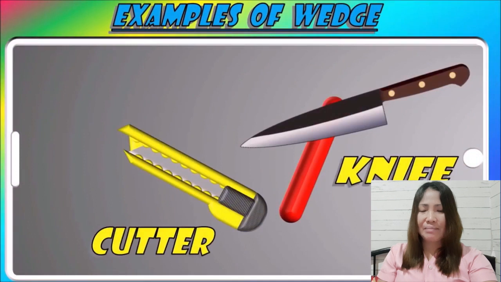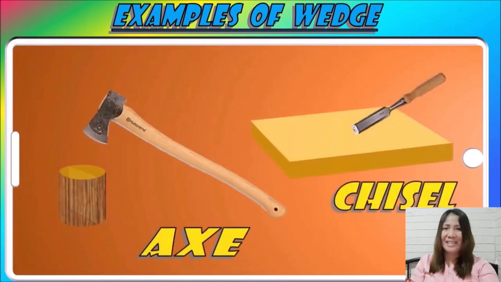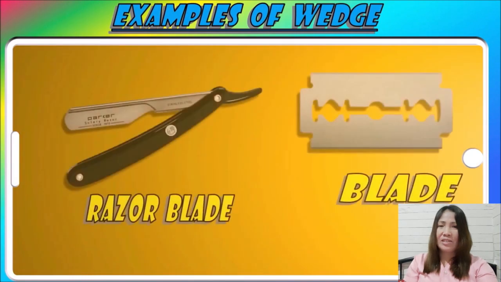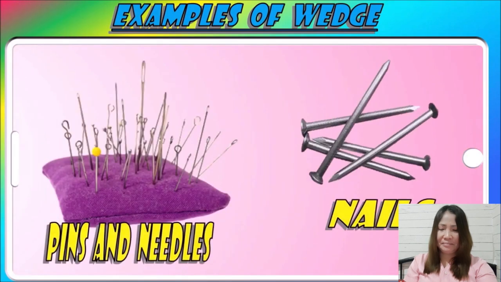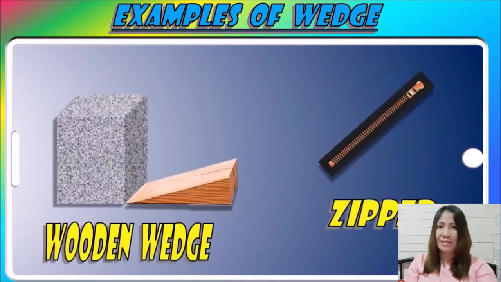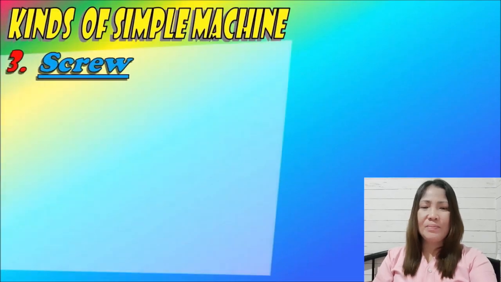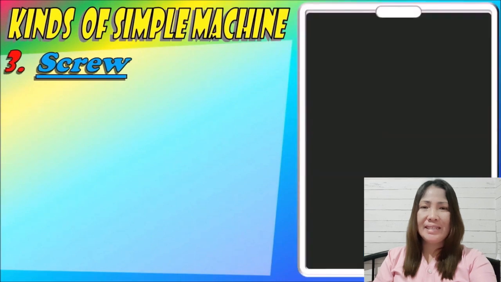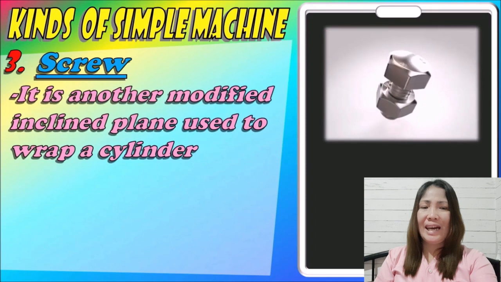Here are some examples of wedges and their uses: cutter and knife, axe and chisel, razor blade and blade, pins and needles, nails, wooden wedge, zipper. The third kind of simple machine is the screw. It is another modified inclined plane wrapped around a cylinder.